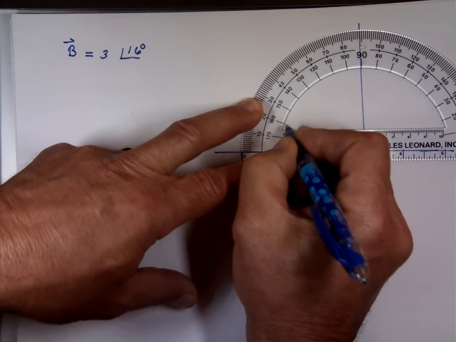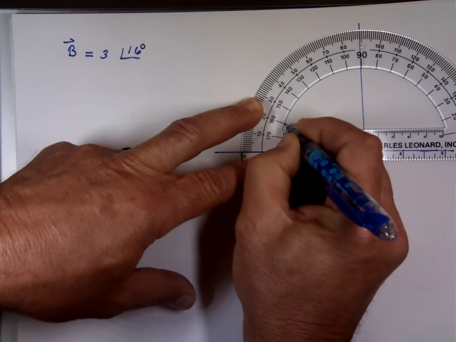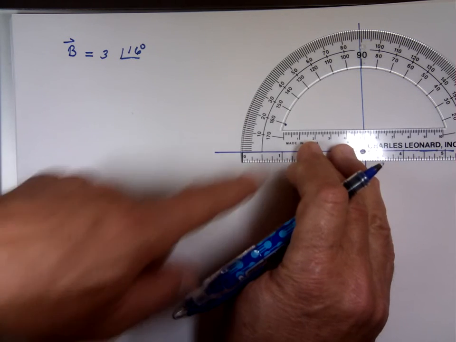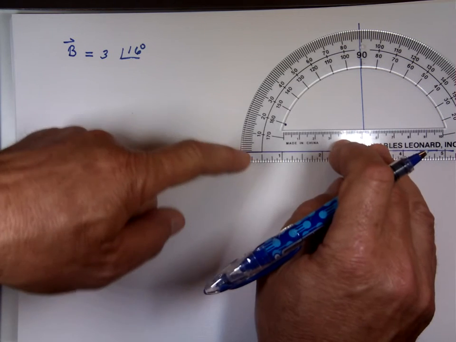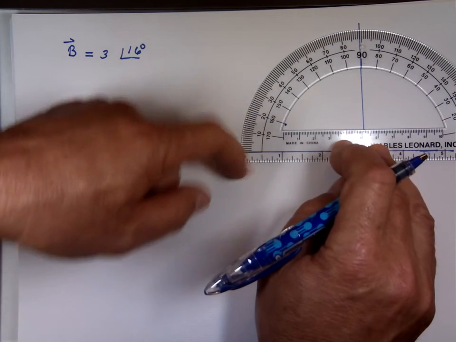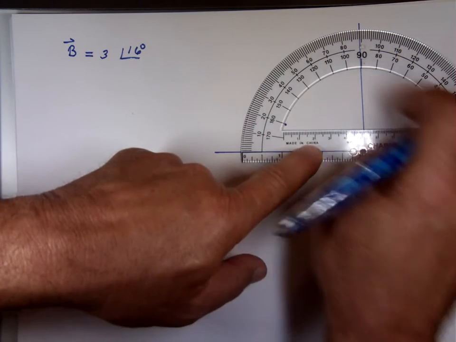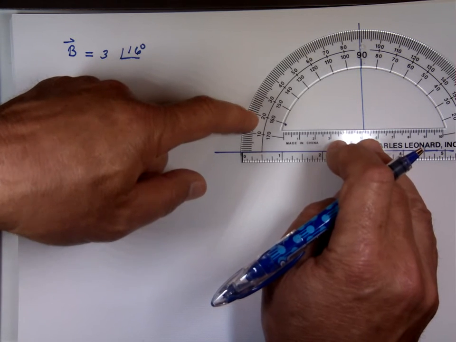It's right here, in that direction. Can you see it? It's 160 from here. If you go this way, it's 20 from this end. That's what that protractor is telling you. If you measure it from here, that's 160, but from here, that's 20. That's why I have two numbers.